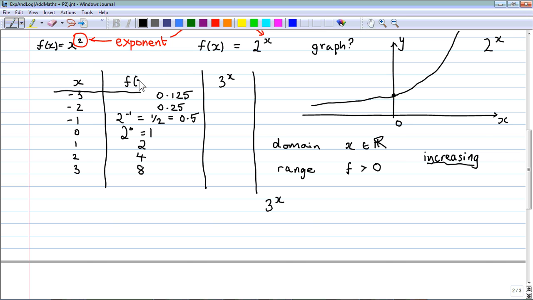So this is f(x) equals 2 to the x, but if we have 3 to the x, these numbers become still 1, but then 3, 9 and 27 and so on. And these numbers become 1 over 3, so 0.3 recurring, 1 over 9, 0.1 recurring, and then 1 over 27, whatever that is, smaller.